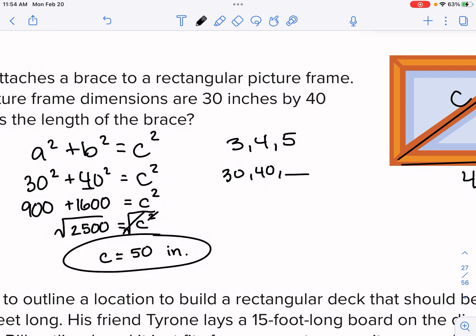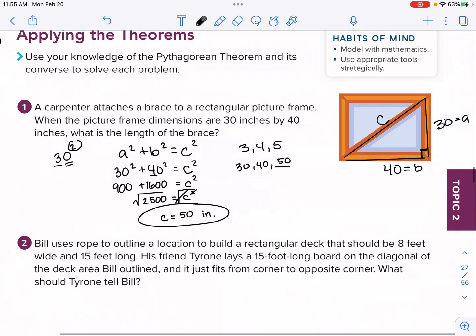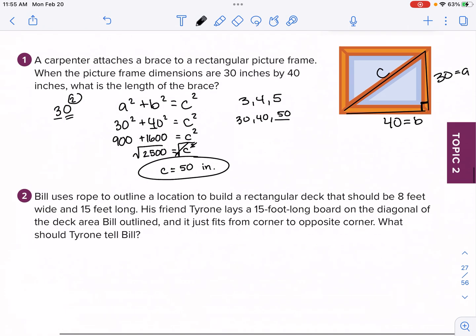So 3, 4, 5, we multiplied by 10, right? 3 times 10 is 30, 4 times 10 is 40, 5 times 10, that gives us 50. So this is a matter of being efficient and using pattern recognition to help us. But we just use the formula to figure this one out. Okay. All right, let's go and move on to number 2.